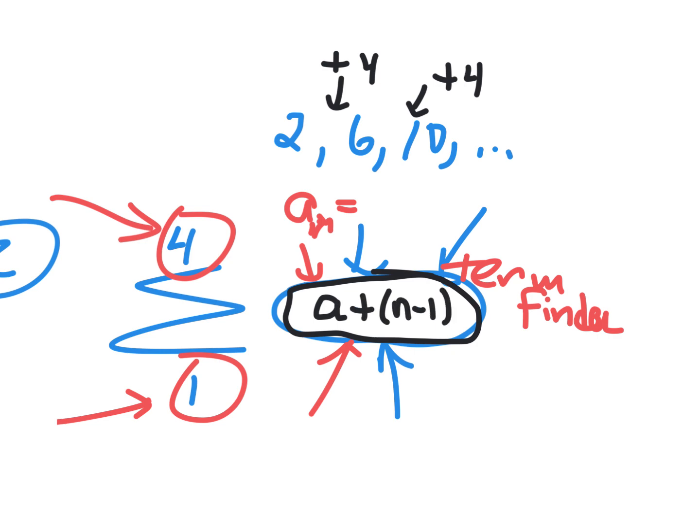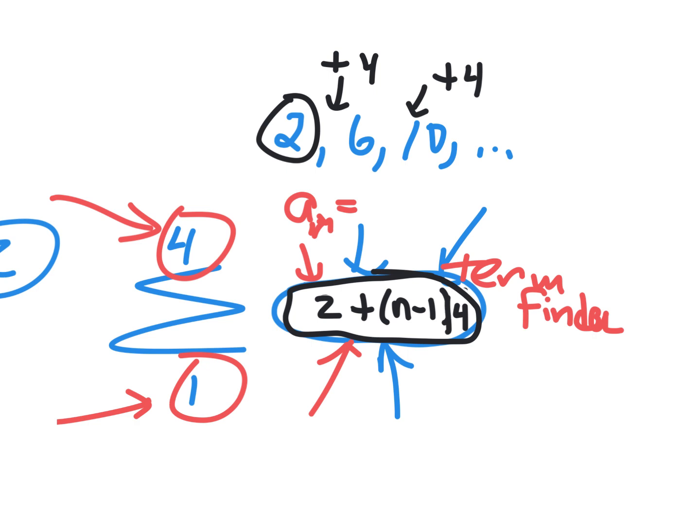Yep. Now, the tricky part is you want to fill in everything but the n. You leave the n in there because you need a variable in there. All right, so then A is the amount that you start with, which is 2 in this case. So I'm going to erase the A and put a 2. And then I'm going to erase the D, because that's the common difference, and that would be a 4.